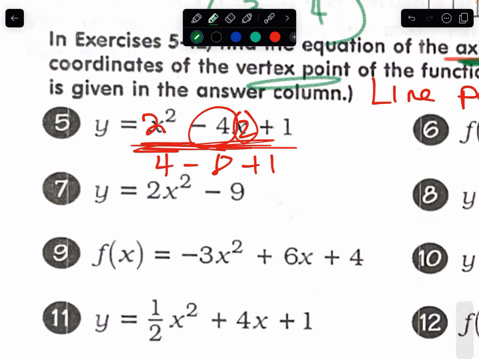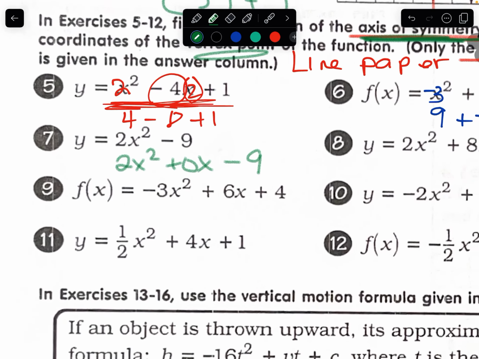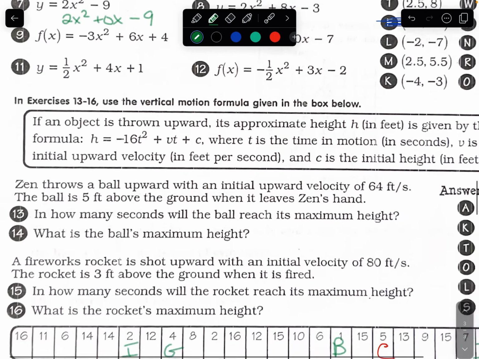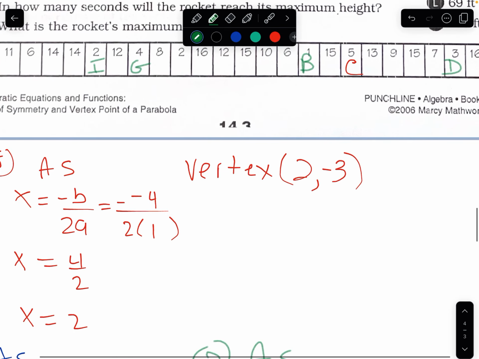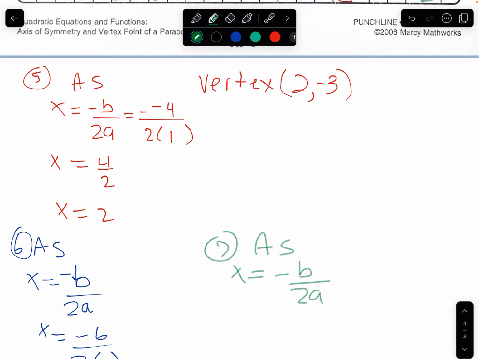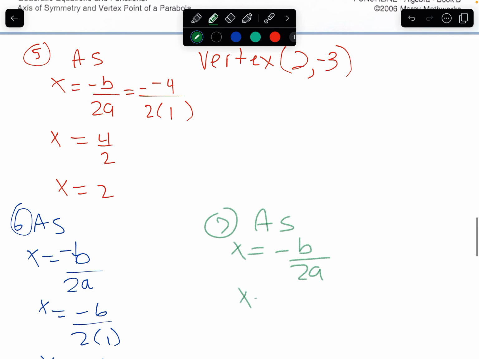Notice this doesn't have a b, so this is 2x squared plus 0x minus 9. So you got x equal to negative 0 over 2. Doesn't matter what a is.